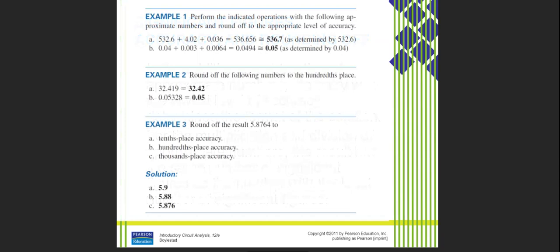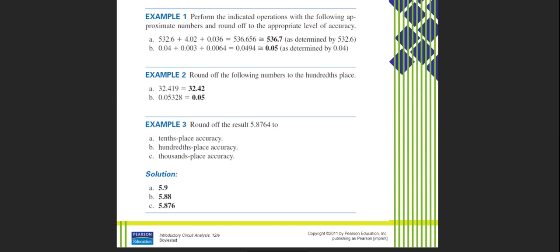So let's do an example together to see what an exact number is and how we deal with different types of numbers. It says, perform the indicated operation with the following approximate numbers and round off to the appropriate level of accuracy. So here I have numbers with one digit after the point, 2 digits after the point, and 3 digits after the point.